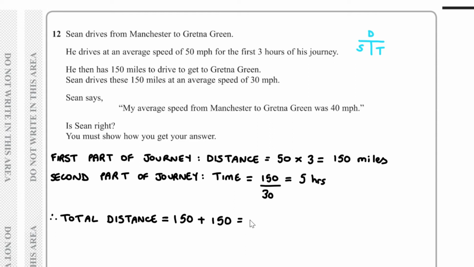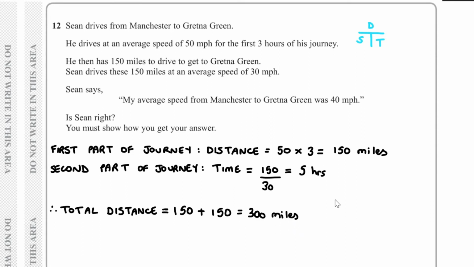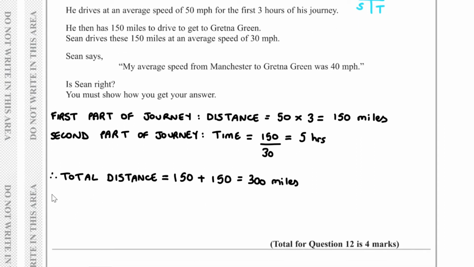So the total distance is 300 miles, and the total time will equal the 3 hours for this part of the journey plus the 5 hours for this part of the journey. So we have 8 hours.